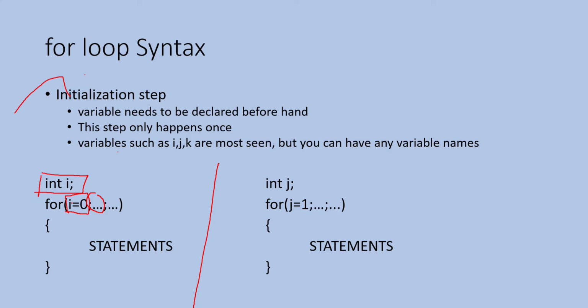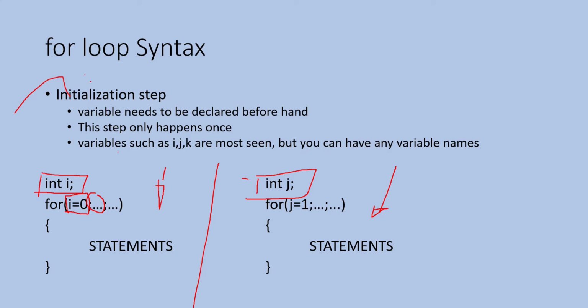So if you want to start with I equals 0, start with I equals 0. Or on this side, if you want to start with j equals 1, we're initializing j for this statement. And then we have our body of statements right here. Okay, so this initialization step only happens once.